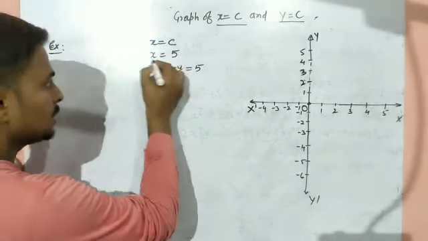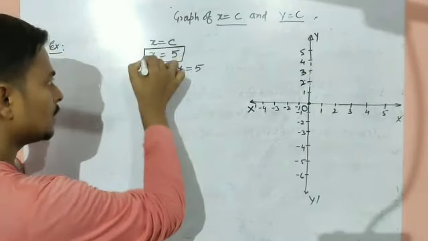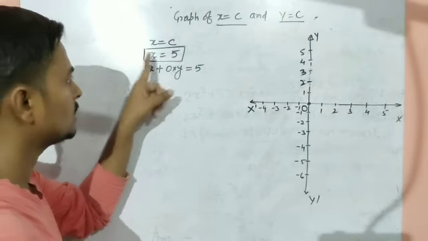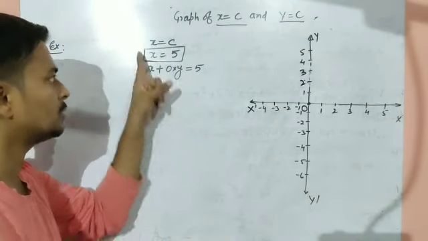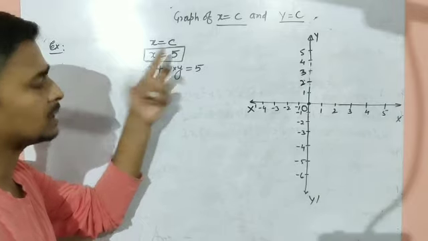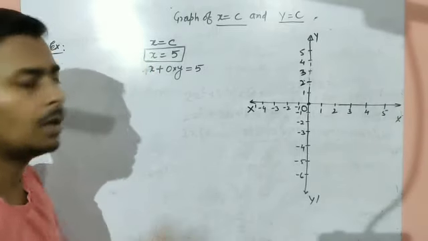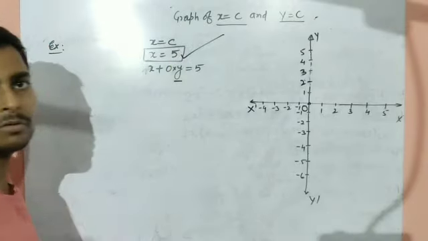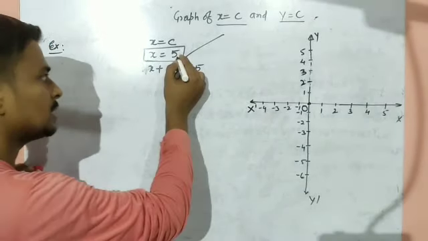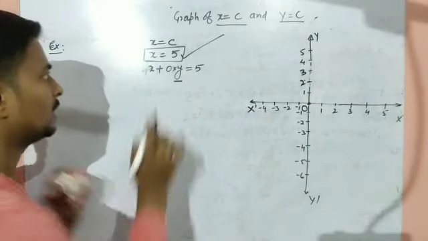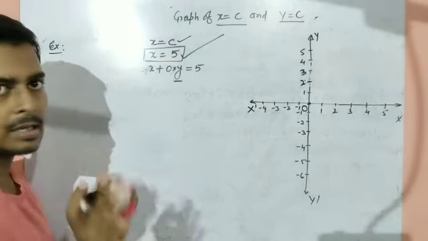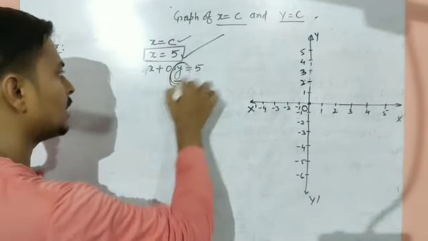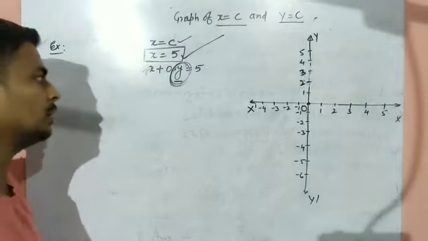But in this equation x is not dependent on y. There is no relation between x and y. X is free. X is always 5. Whatever you choose for y, x will always be 5. X is fixed. X is constant, means x is not changing. So you can change the value of y freely.